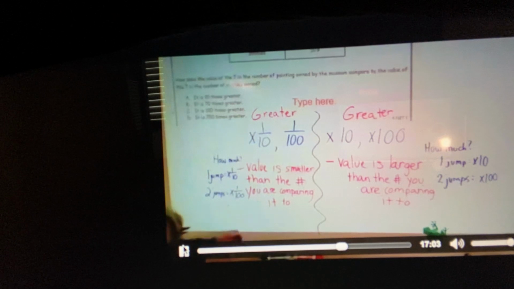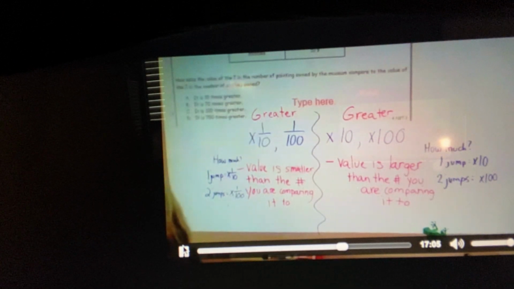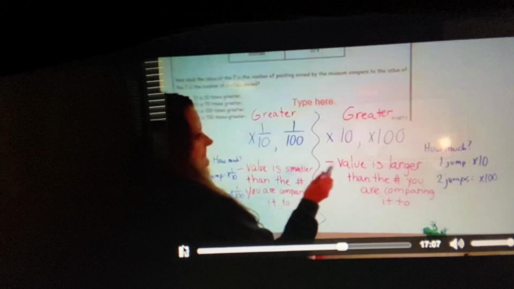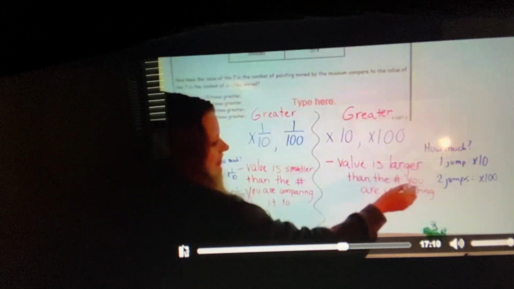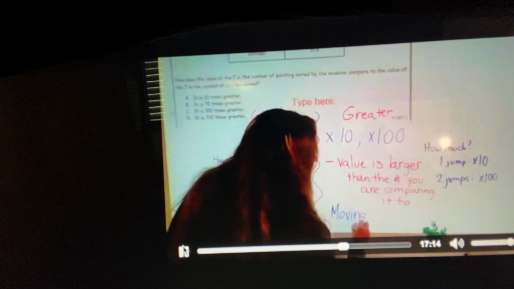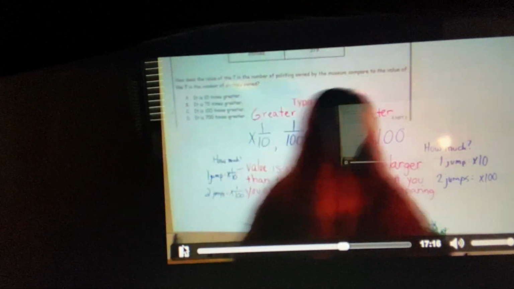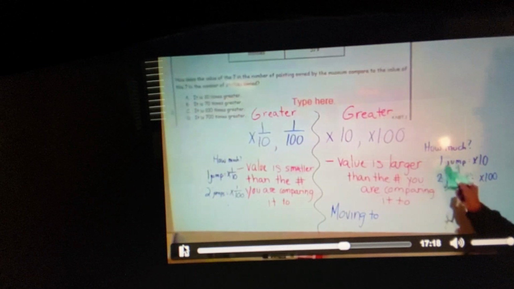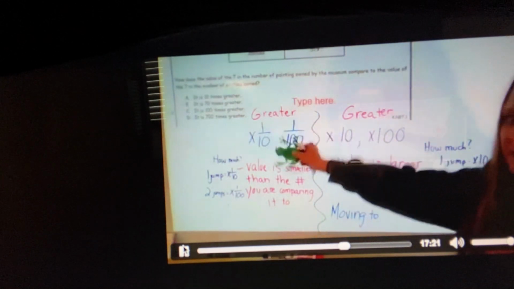All right. One more note to make on this. If the value is getting larger, it is moving which way, boys and girls? On the place value chart, it is moving to the left.